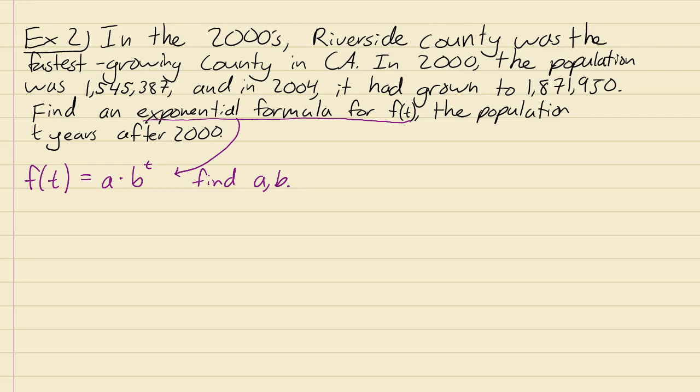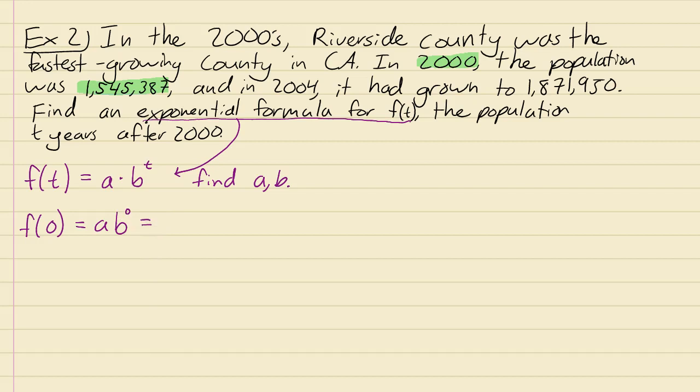So let's see what we know. We know that in 2000 here, the population was 1,545,387. So 2000, that means t equals 0 years after 2000. So that one is talking about f of 0. And you're going to get a times b to the power 0 there.